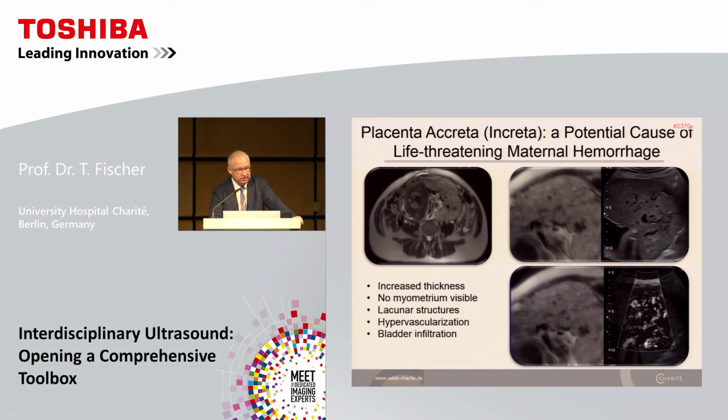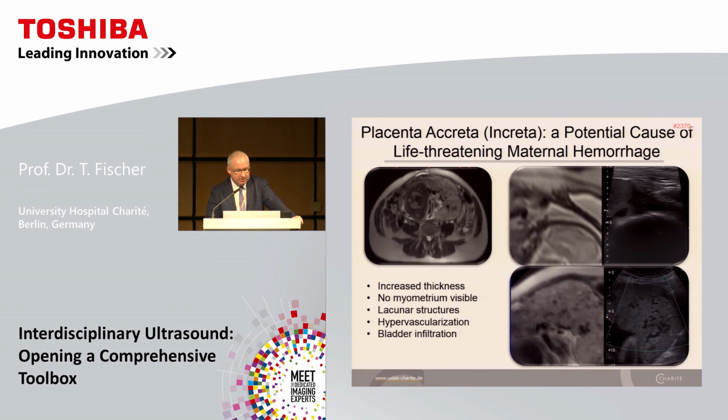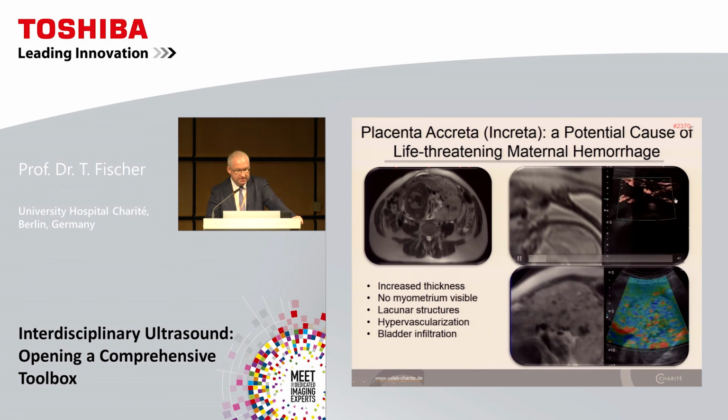What can we find out? We see first an increased thickness in ultrasound and in MR. There's no myometrium visible in both technologies. We see lacunar structures, and of course we know these are not lacunar structures, these are vascular architecture, and this is really beautifully visualized here on the SMI function. So we see clearly a hypervascularization. Next question is, this is the bladder, here's the bladder, and there's no infiltration.